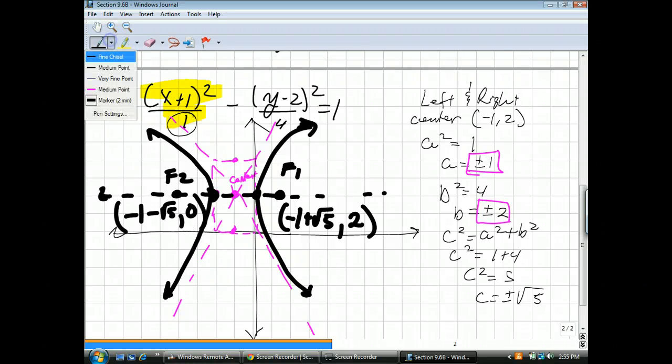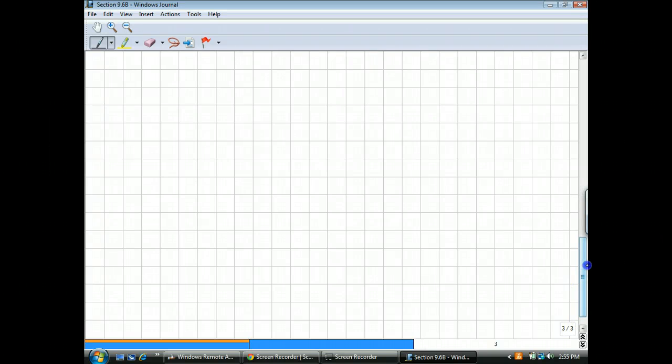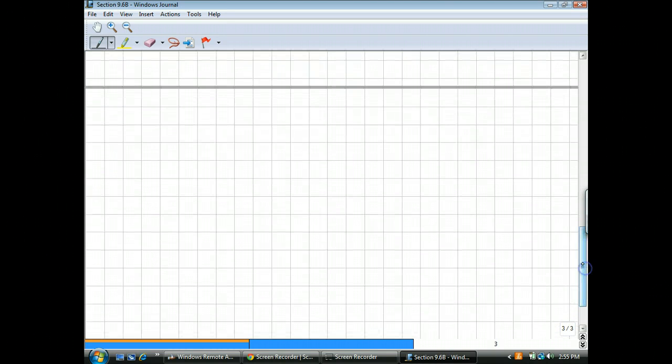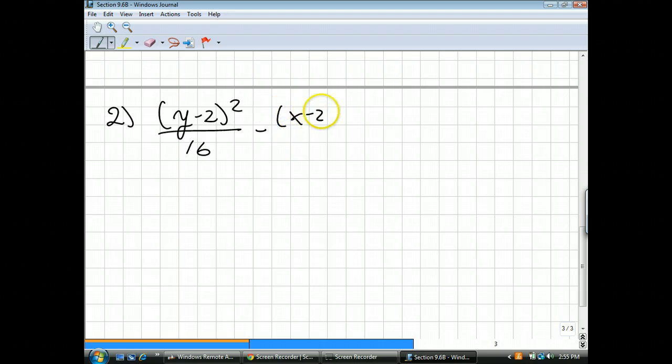Okay, so let's look at example 2. Example 2 is (y minus 2) quantity squared over 16 minus (x minus 2) quantity squared over 9 equals 1. So this one, because the y squared is the positive, we know it opens up and down.